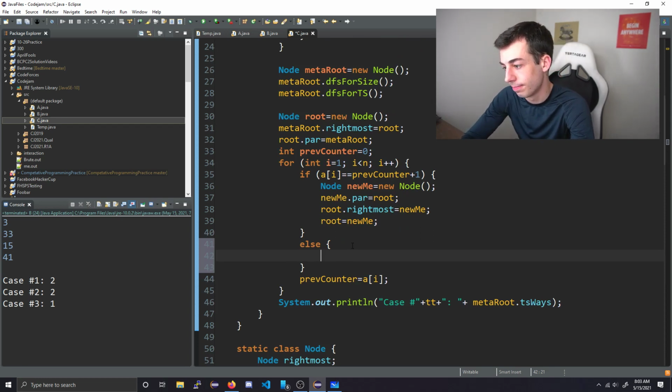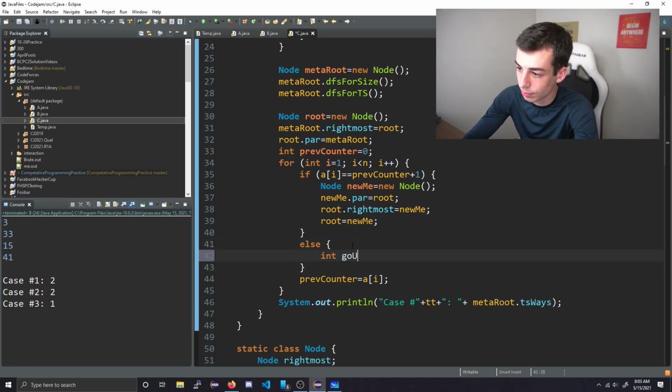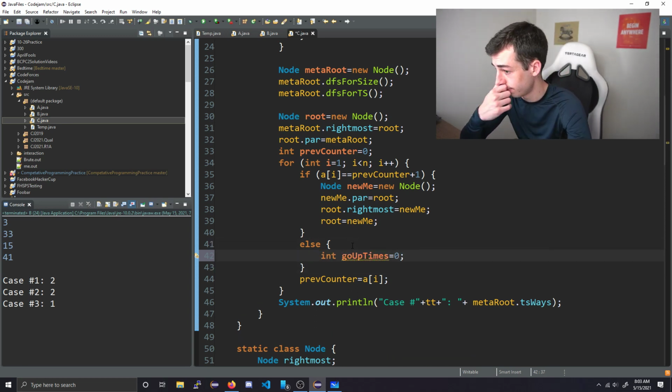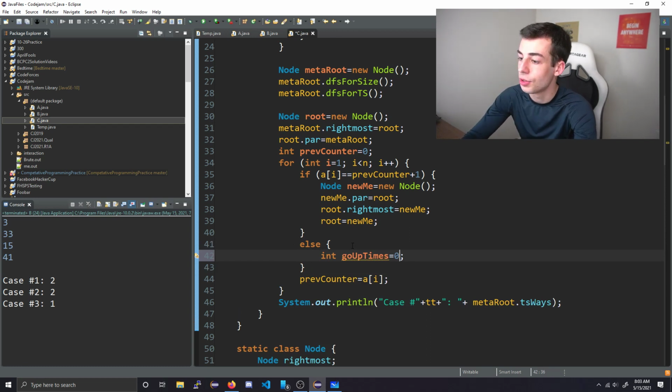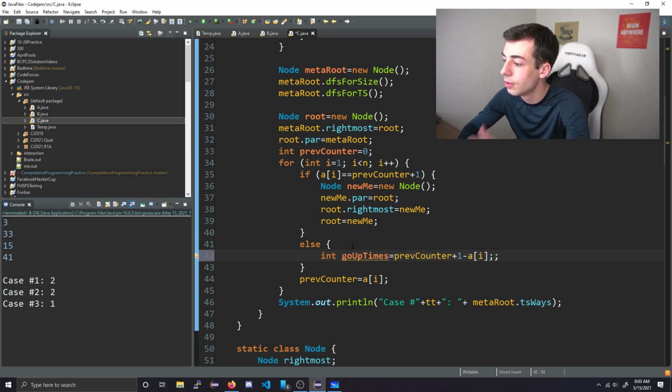Otherwise, so go up times would be prev counter plus 1 minus a i.